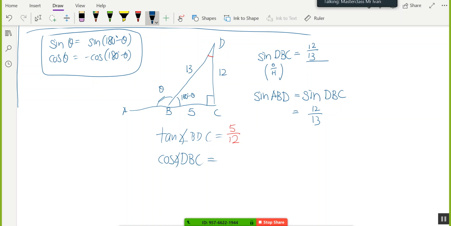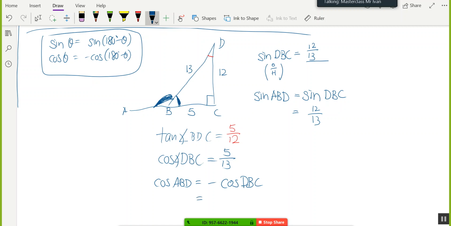An acute angle will always give you positive. Adjacent over hypotenuse. Yes, so it's 5 over 13. So the cosine of ABD, understand? You cannot cosine an obtuse angle. This guy is equal to the negative cosine of his brother. His brother is who? DBC.